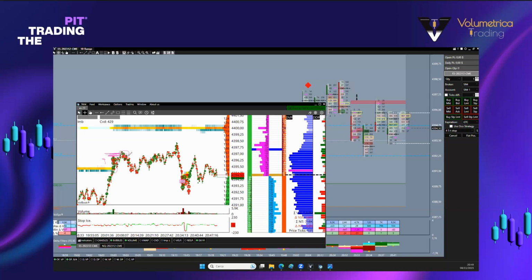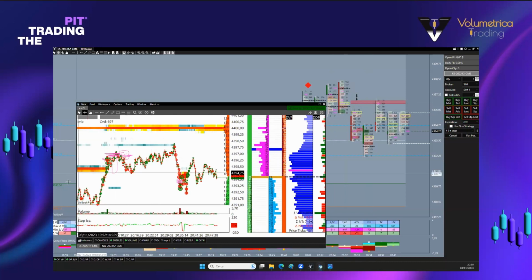They make a new attempt here, 96.75 roughly, exactly the levels we have marked from here in this chart. And then from here on, price starts to push to the downside a little bit.